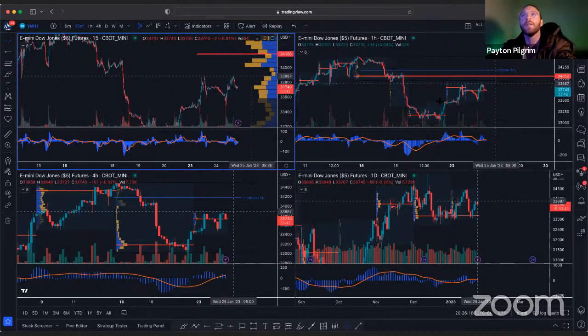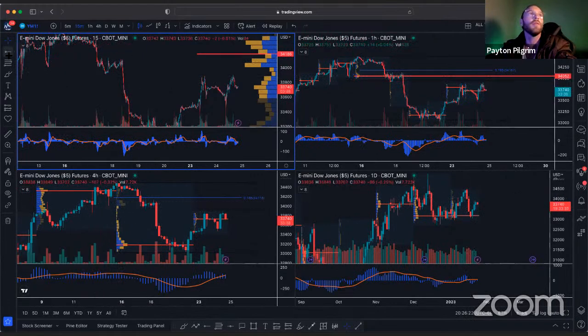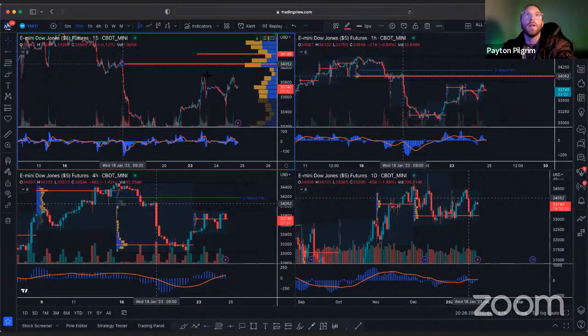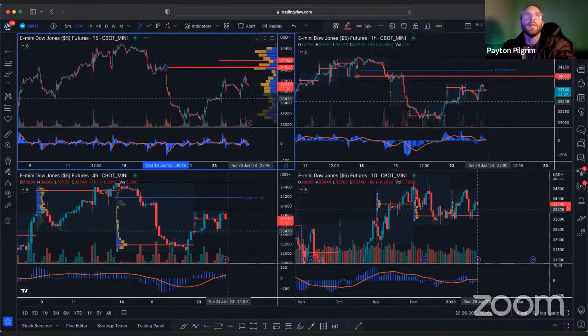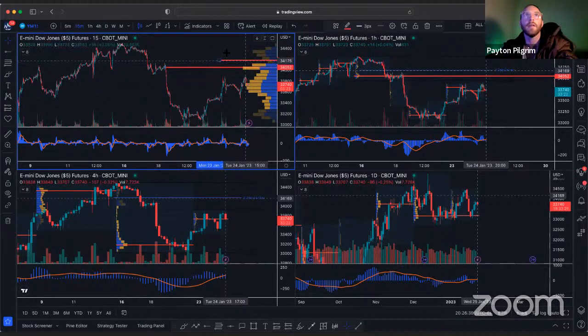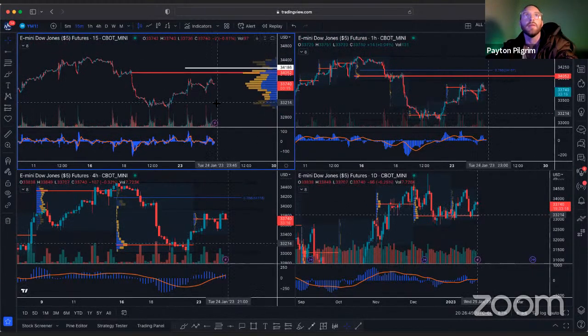Let me delete this. Put this volume over here too, 34.50. Yeah, this volume profile is screaming that this thing has a lot of resistance coming in right here, and with the fib right here, this is a 78.6 fib. I'm liking this possibility for this to drop.